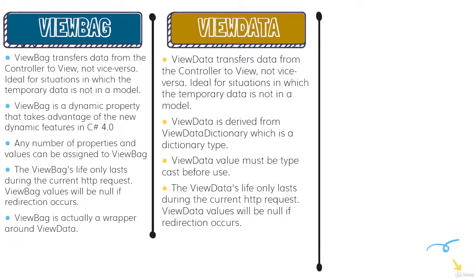ViewData value will be null if any redirection occurs. So there are a lot of similarities between ViewBag and ViewData. It's just different way of implementing the same thing if you want to transfer a data from controller to a view and there should not be any redirection.